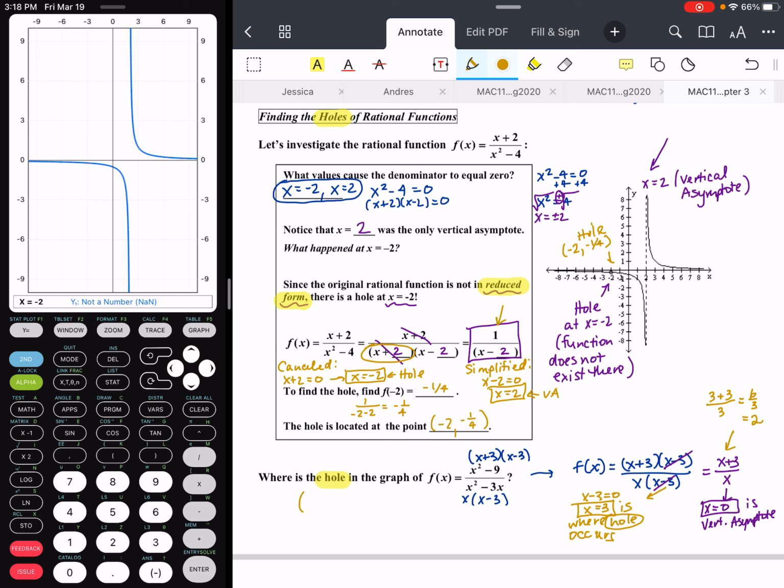So the hole would occur at x equals 3, and then y would be 2 if the function existed at x equals 3. And we represent that with an open circle on the graph. We represent our vertical asymptote with a vertical dashed line.